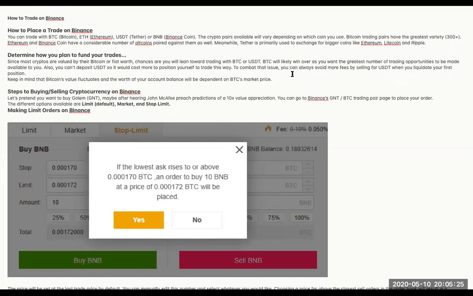To combat that issue, you can always avoid more fees by selling for USDT when you liquidate your first position. Keep in mind that Bitcoin's value fluctuates and the rest of your account balance will be dependent on the BTC marketplace. So maybe you have done a trade and also maybe the value of Bitcoin is dropping down.